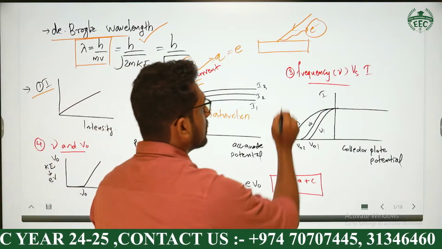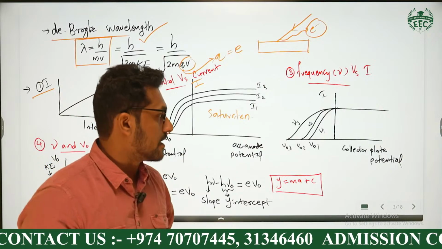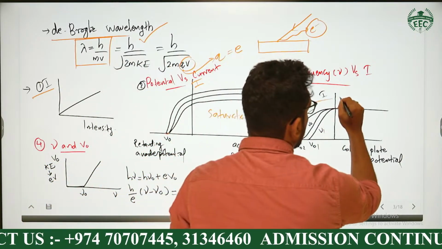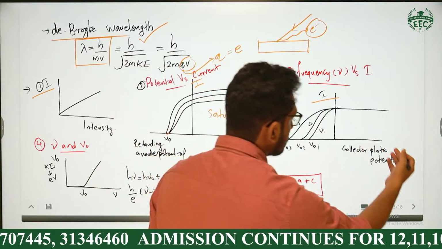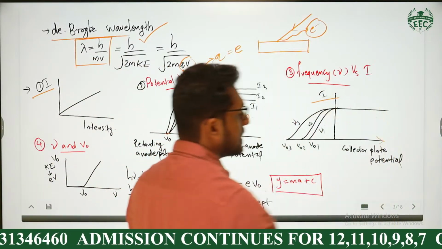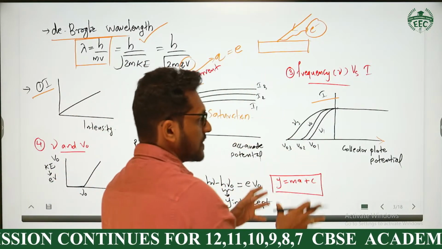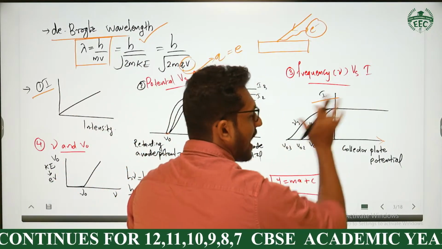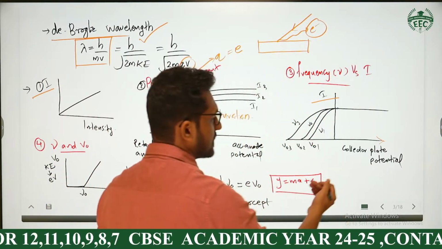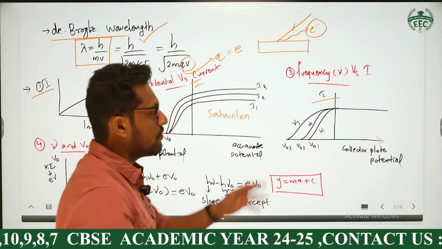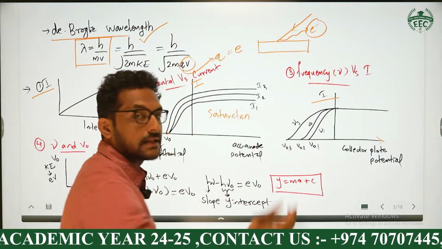Okay, now the third graph is between frequency and photoelectric current. Photoelectric current, like always, is represented on the y-axis, and the voltage on the x-axis. This graph is very important. You can see that the value of the saturation current is constant, and the frequency is increasing: nu1 is the first frequency, nu2 is the second frequency, nu3 is the third frequency.